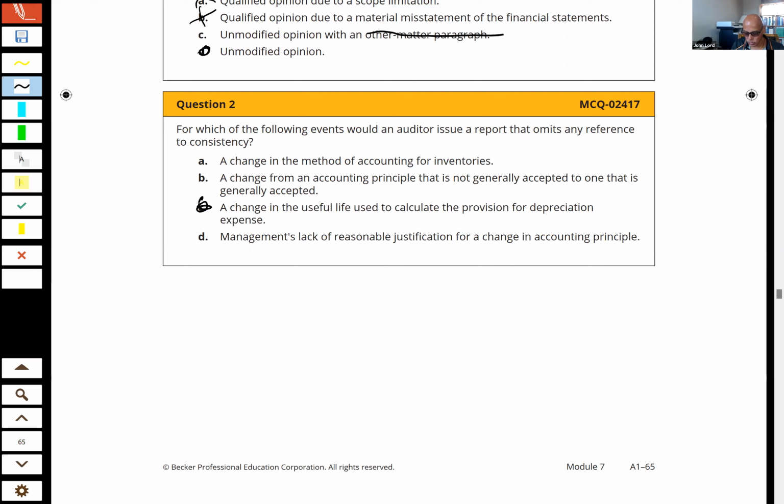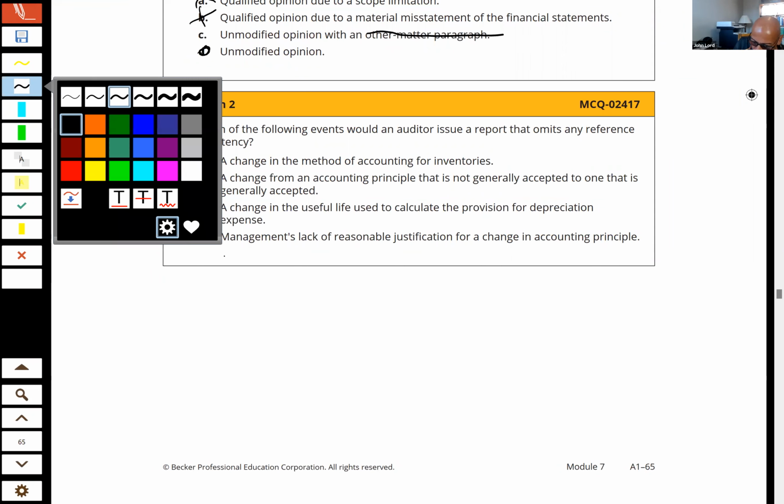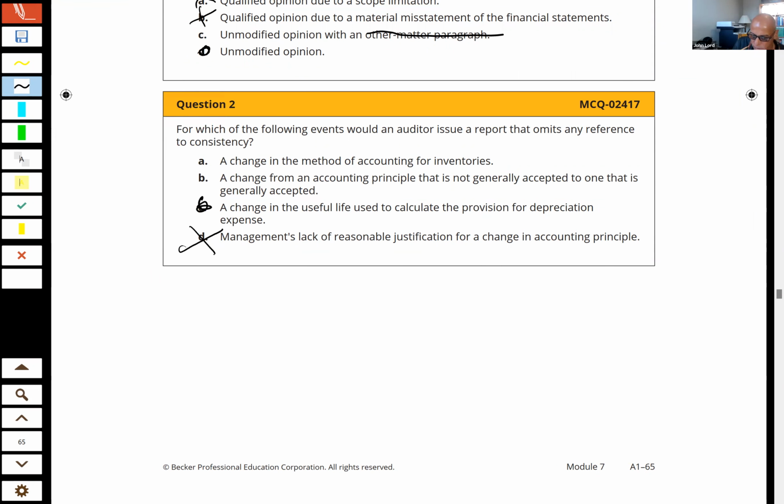Our reasons would be they lacked a justification for a change. In other words, they were not consistent, right? So we would qualify the opinion, and in our reasons for qualification, or in our explanatory paragraph, give why we qualified. Okay.